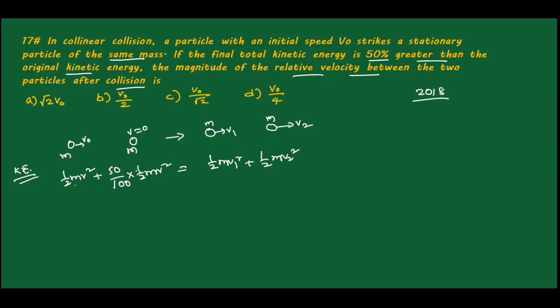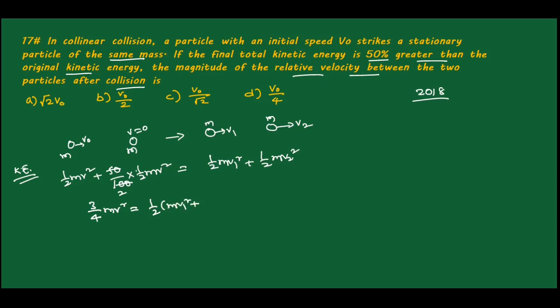Now you simplify this one. You will get 1 by 2 plus 1 by 4, which simplifies to 3 by 4 into m v square, equal to half m v1 square plus half m v2 square. Here half is common, and m is also common.